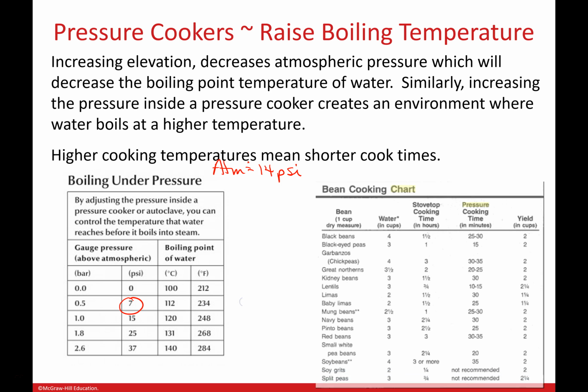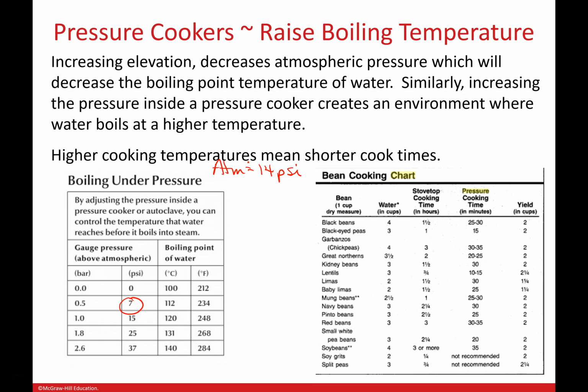Shorter, yes. And that's actually what this shows you. For instance, lima beans, usually it would take you an hour and a half and it only takes you 30 minutes. Black-eyed peas, an hour and a half, 20 to 30. Red beans, it would take you 3 hours and it's knocked down to about 30 minutes.